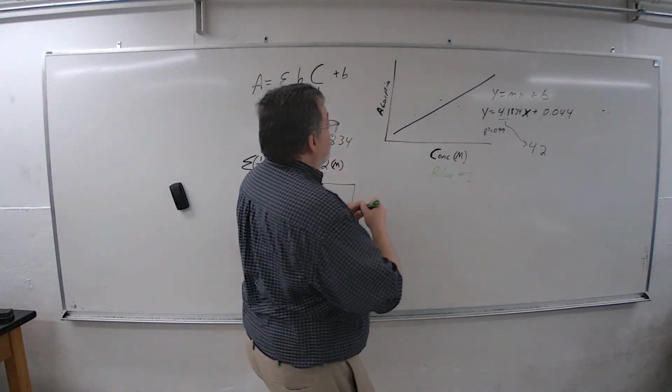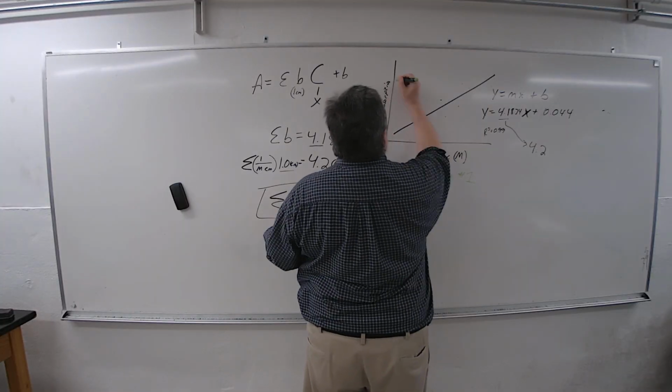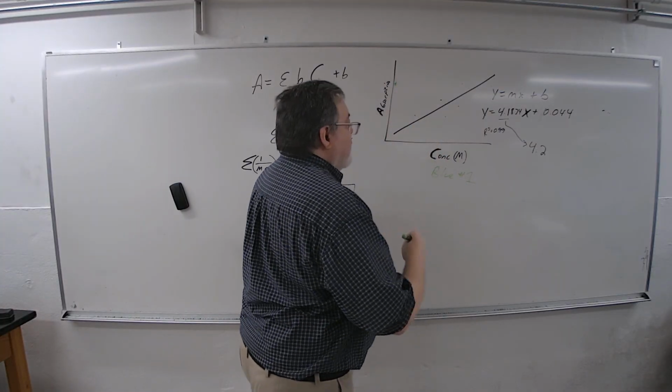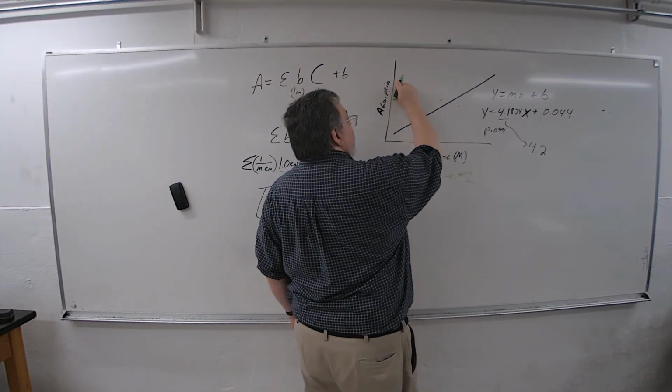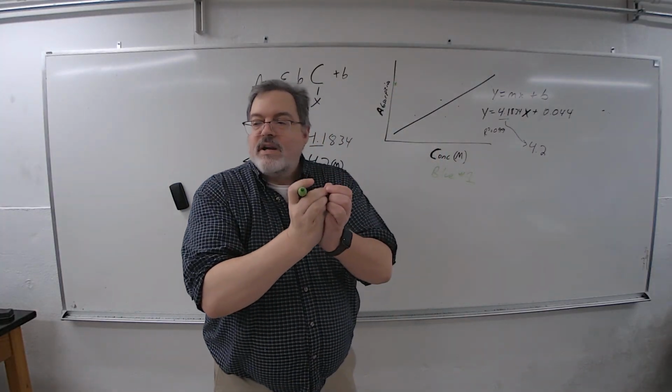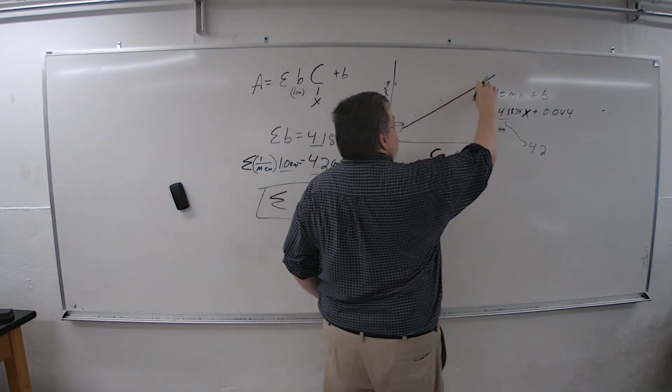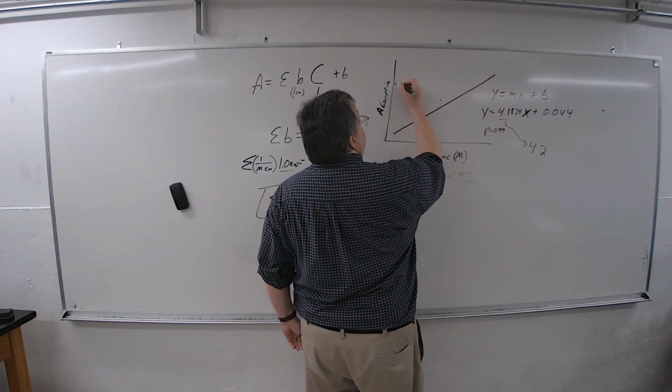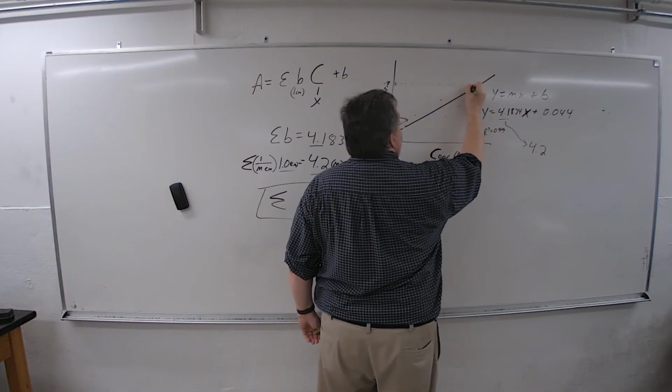This line is like a calibration curve for the concentration of, what was it? Blue number 1 dye. I looked for this and I couldn't find it, and apparently it had been put away and I didn't know where it was. But this is Gatorade, this color is blue dye number 1.